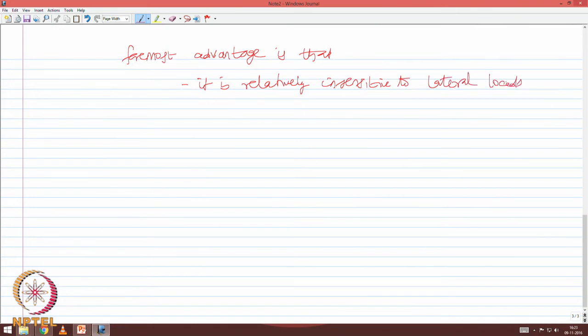One can always expect the system to have a great advantage if it is stiff. One of the foremost advantages is that it is relatively insensitive to lateral loads. It means the encountered environmental loads cannot cause any serious deformation to the platform.